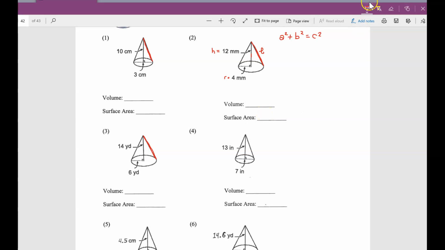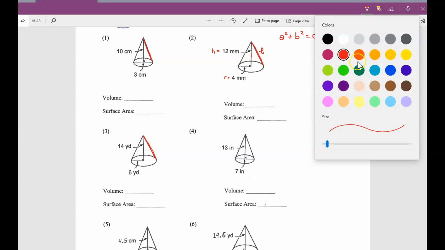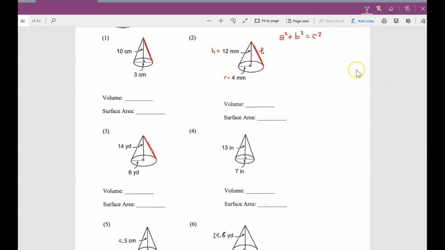The reason this comes up when it comes to cones and to pyramids, as we'll discover later this week, is because you can imagine that the slant here is the hypotenuse of a right triangle created by the radius and by the height.